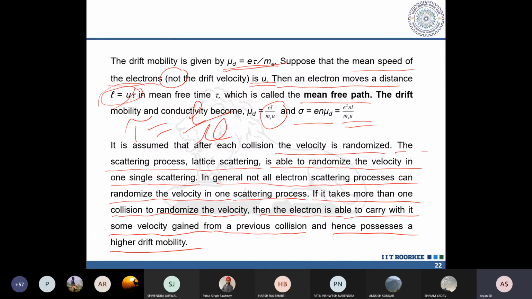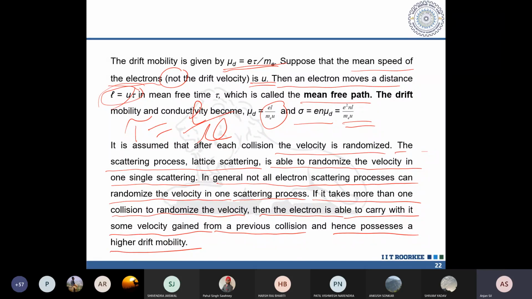So that means we are trying to go into a little intricacy in the problem: if, due to scattering, randomization has not taken place, then what will happen? Whatever the built-up velocity was, it will carry for some time until it gets randomized in the next successive collision.